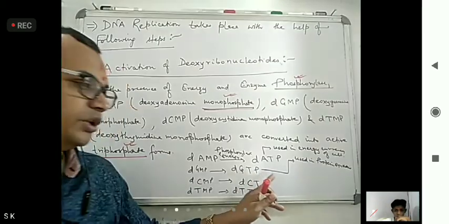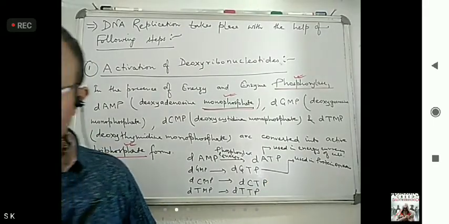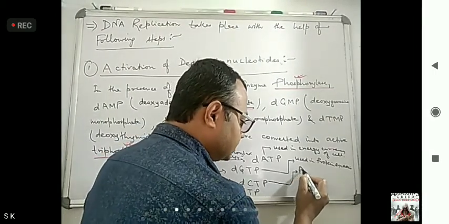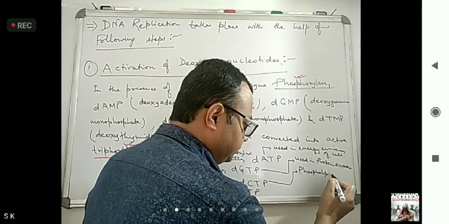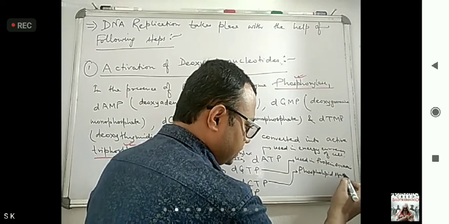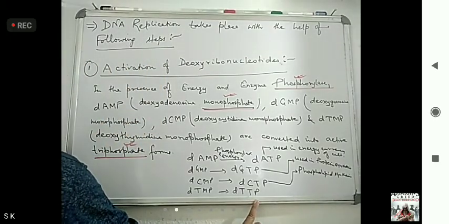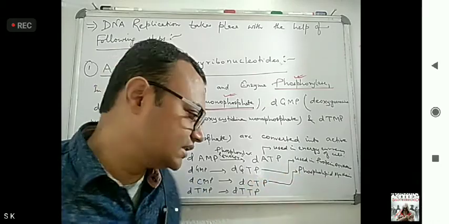CTP is used in phospholipid synthesis, and TTP is used in complex carbohydrate and polysaccharide synthesis.